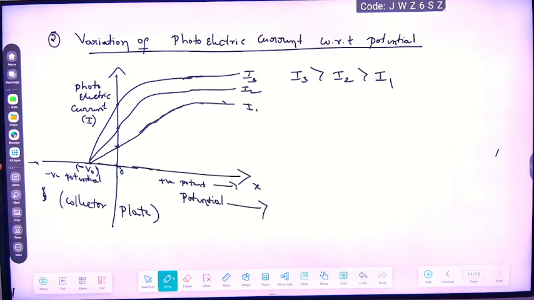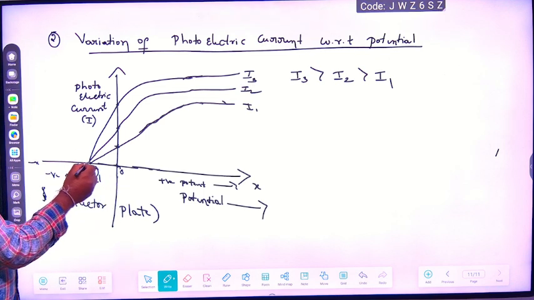But as the potential becomes negative, negative potential applied to which plate? Collector plate. From positive we are making it negative. Now electrons will feel repulsion near the collector plate. I have written the collector plate potential.